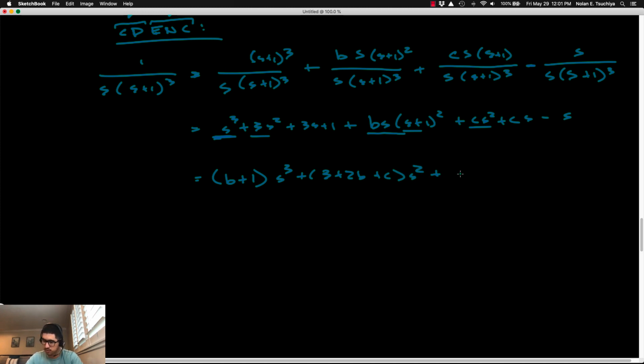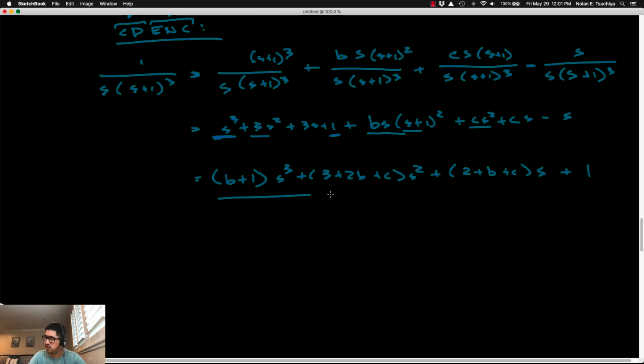And then there's a bunch of s to the 1 terms too. So 2 plus b plus c s plus 1. So there should be a 1 at the end of all of this because, let's see, there's the 1 here, right? So there's our 1. And this is the numerator of the right-hand side of this equation.